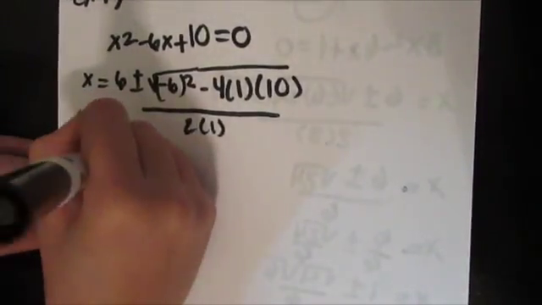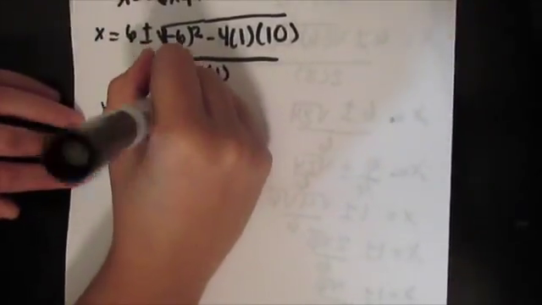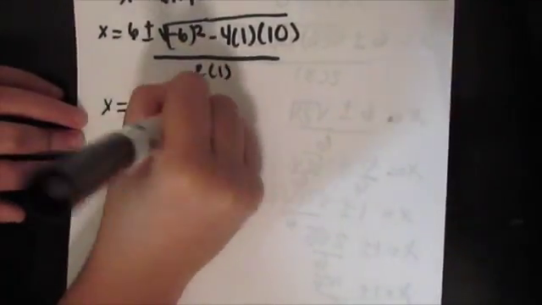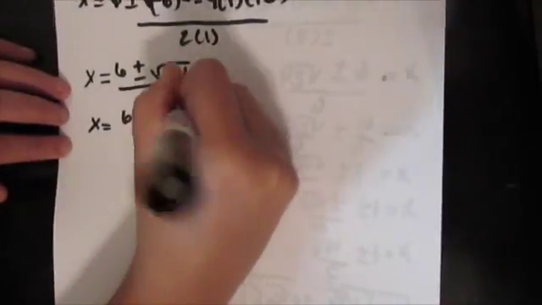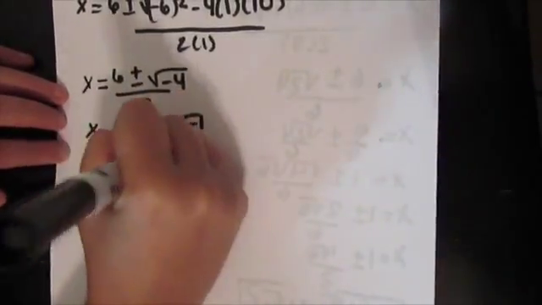So then once you simplify everything, you'd have x equals 6 plus minus the square root of negative 4 over 2. So what you're going to do here, you're going to do the same thing and separate the radicals. Will be radical of 4 and radical of negative 1 over 2.